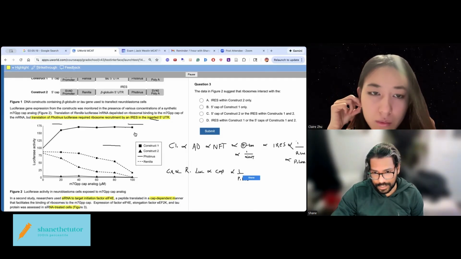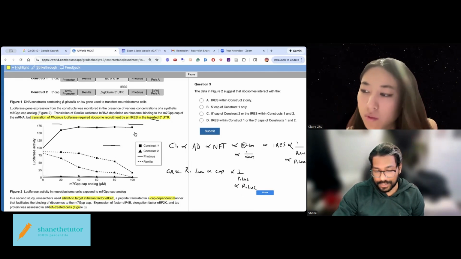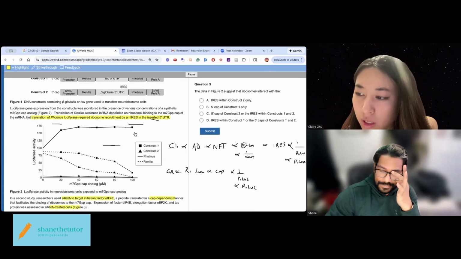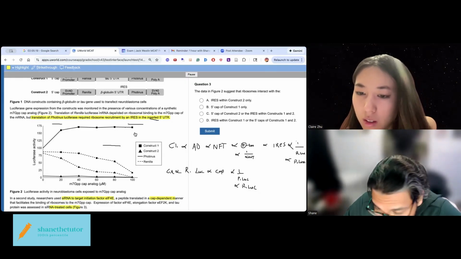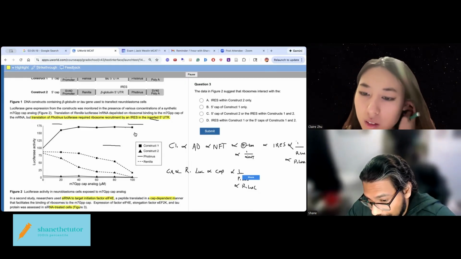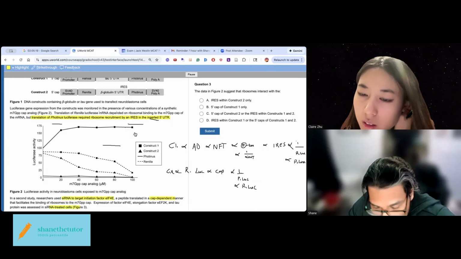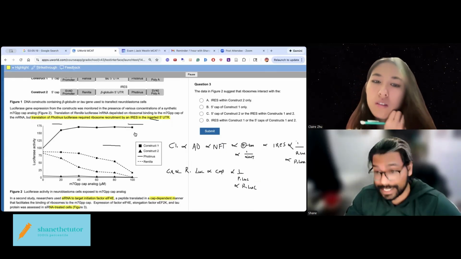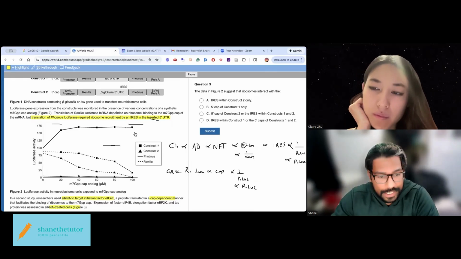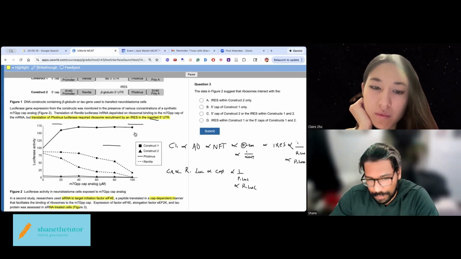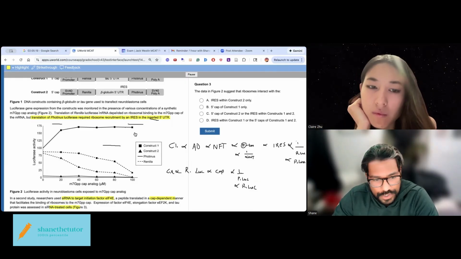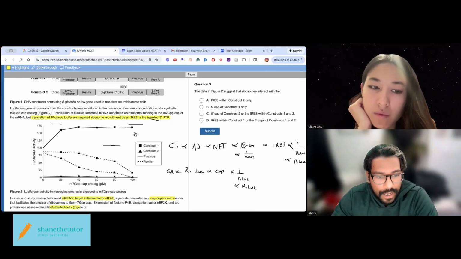So construct two, we should see less of the Photinus and more of the Renilla, right? And you see how I wrote this stuff before looking at the figure, which means that we can figure this stuff out logically like this, and then the figure can just help us verify that. So construct two is triangle, yeah, it's higher for the Renilla, which lines up exactly with this.